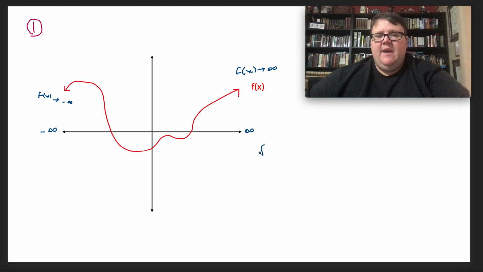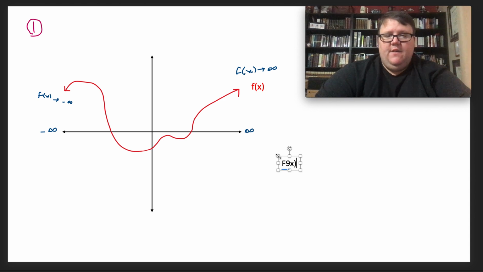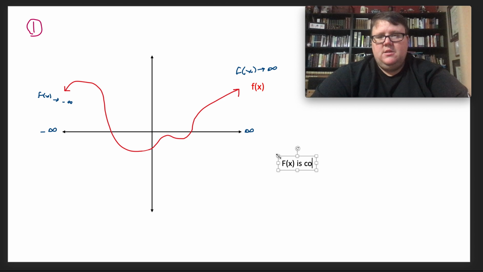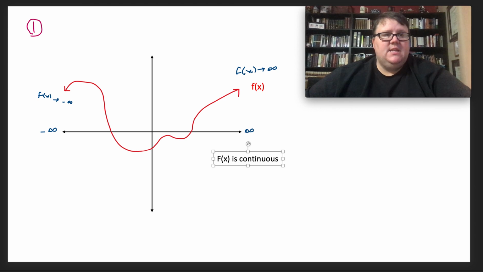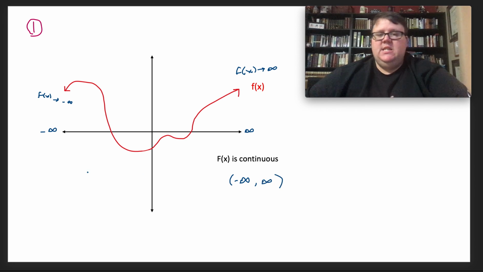So we would say f of x is continuous. Now, if I wanted to write the interval, I would say it's continuous on the interval negative infinity to positive infinity, meaning it's continuous everywhere.